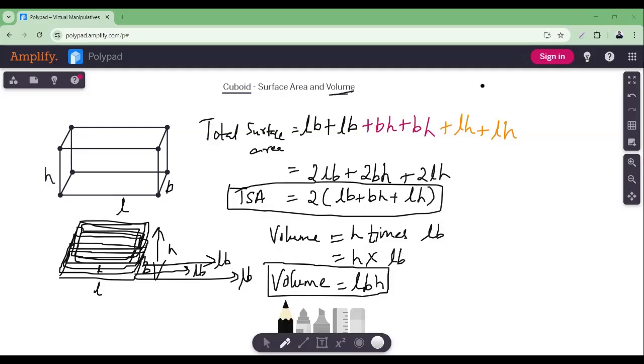So after you finish watching this video, go ahead and solve some questions about total surface area of cuboid, volume of a cube, surface area of cube, all these things. When you utilize these formulas, then you're going to remember them also.